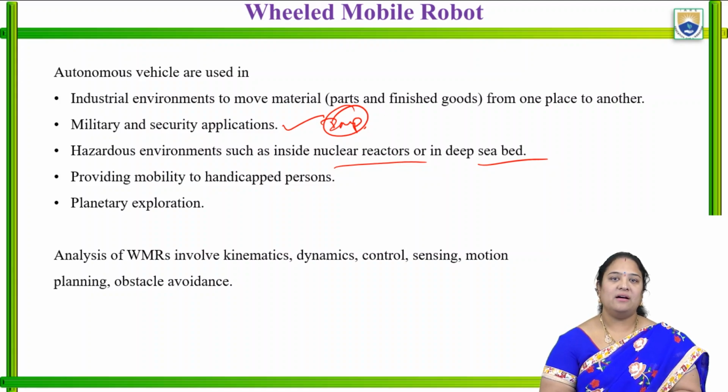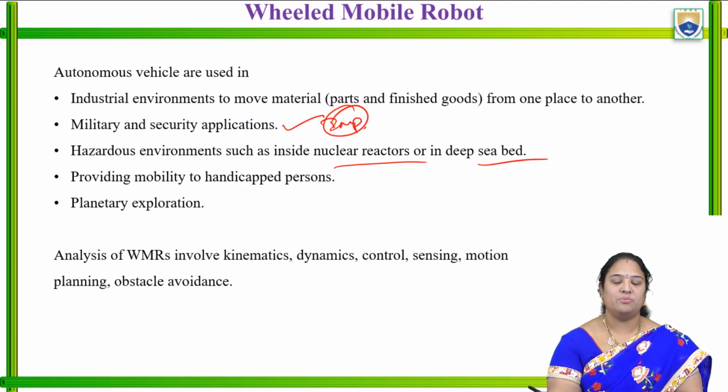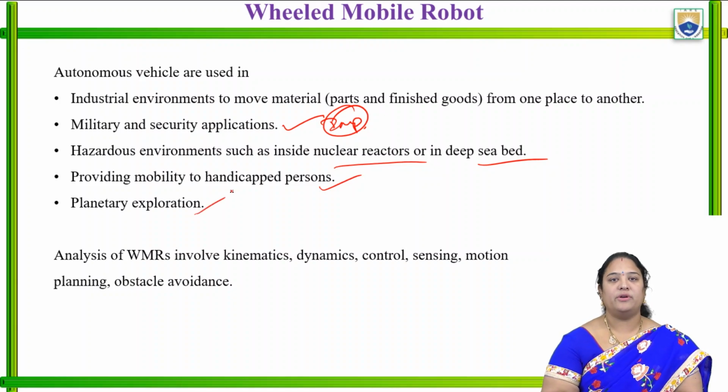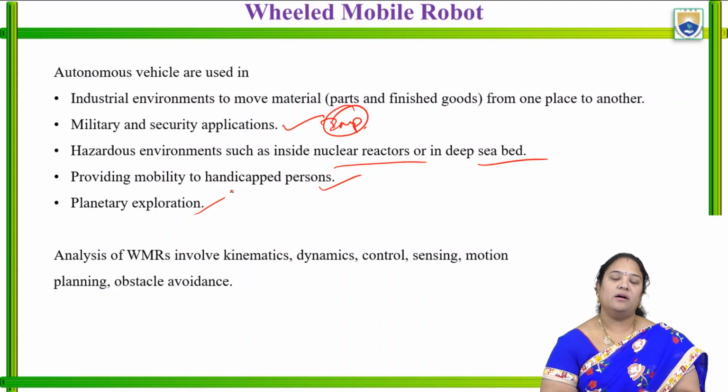Right. Next is for handicapped persons. We can also use it for handicapped persons, which provides mobility. And in planetary exploration also, generally persons cannot visit. So there also we can use the autonomous vehicle, which becomes one of the most important applications.